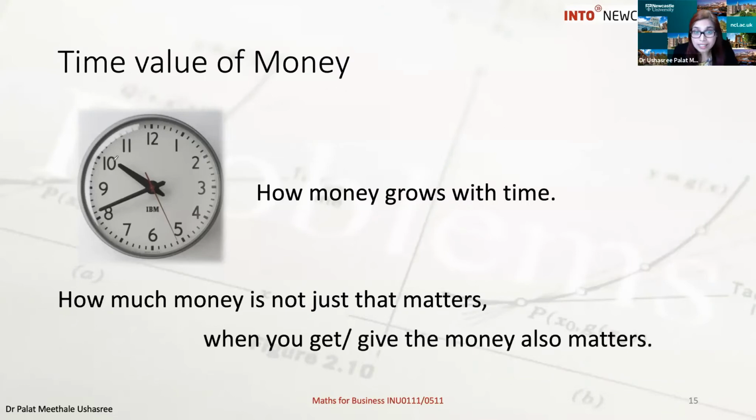What matters is when you get the money or when you give the money, in 1 year, 2 years. Maybe sometimes it's giving, maybe you're taking a loan. So the time value of money is very important.